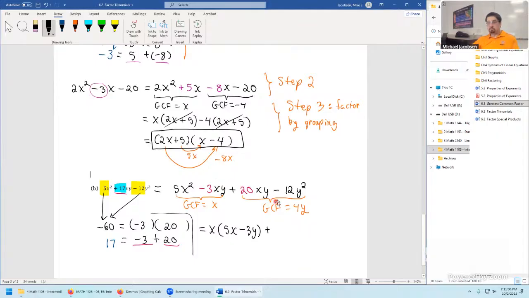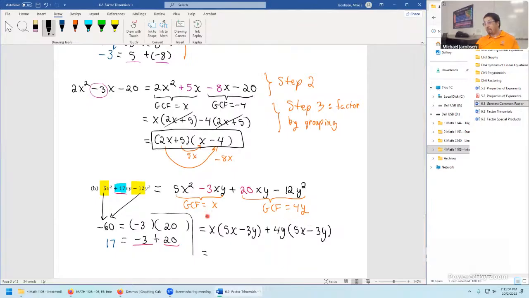Then we go plus, because we're factoring out a positive 4y this time. 4 divided here leaves a 5. And y cancels off cleanly. It's just going to be a 5x. 4 divided into here is going to be a negative 3. y divided into y squared just leaves us a y altogether. And that's what we were hoping to see, 5x minus 3y matching.